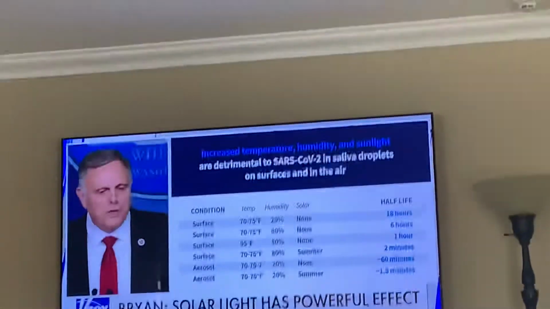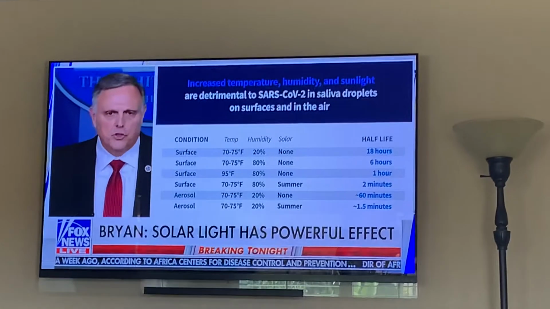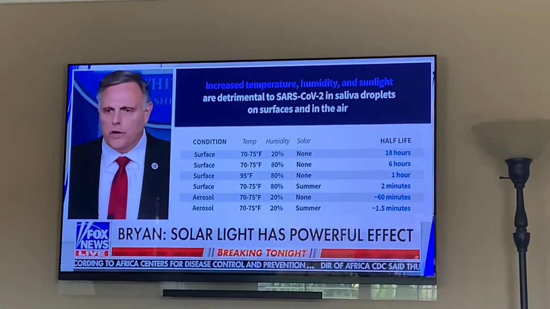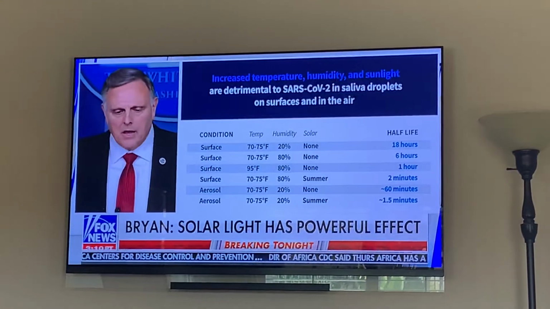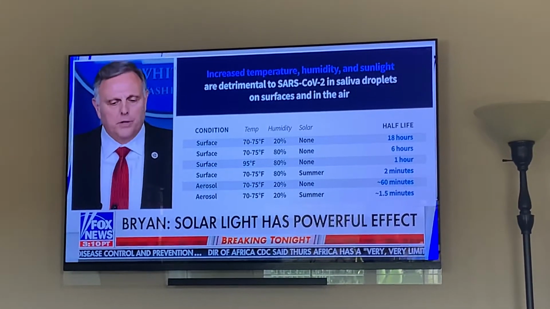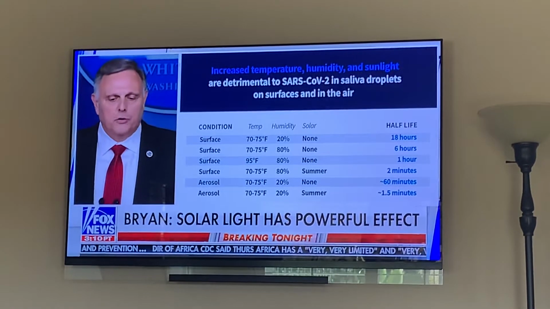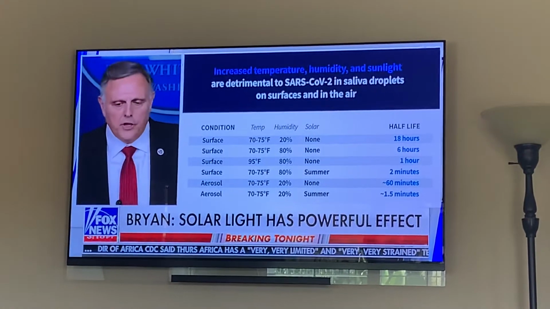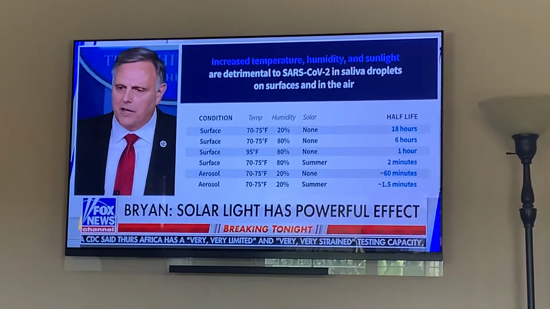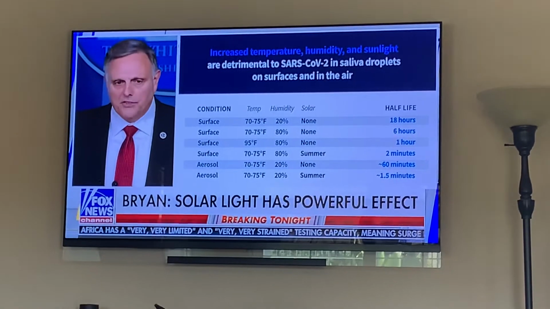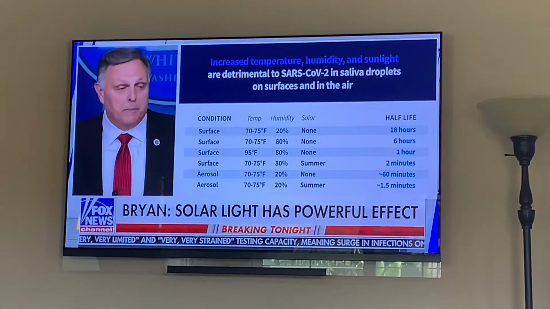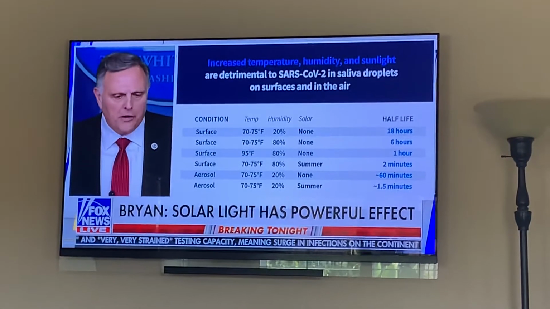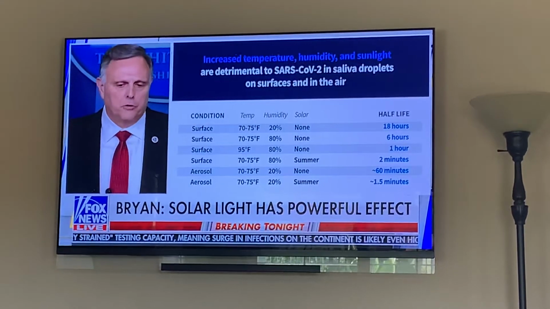If you look at the first three lines, when you see the word surface, we're talking about non-porous surfaces, door handles, stainless steel. And if you look as the temperature increases and as the humidity increases, with no sun involved, you can see how drastically the half-life goes down on that virus. So the virus is dying at a much more rapid pace just from exposure to higher temperatures and just from exposure to humidity.